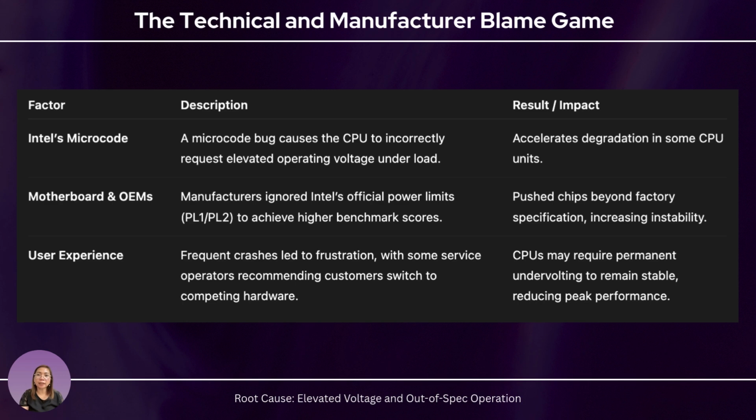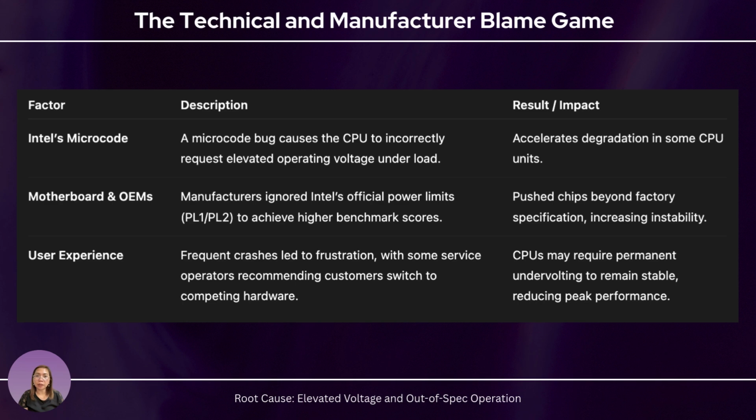First, Intel itself acknowledged a microcode bug causing the CPU to request too much voltage, which is very damaging to the silicon over time. Second, the motherboard partners also share the blame.